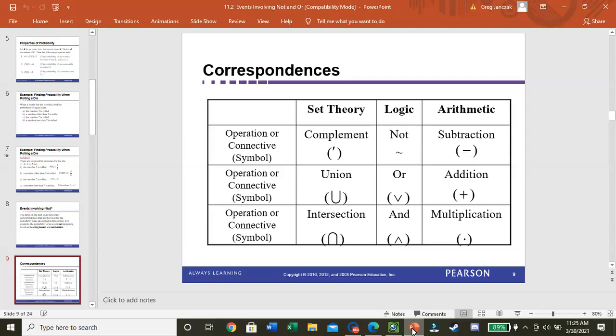Intersection, for and, we used logic, we used the not symbol or tilde. Or was a V-looking symbol, and was a rooftop-looking symbol or an upside-down V. And so arithmetic, and this is what we're using in probability, we have subtraction.